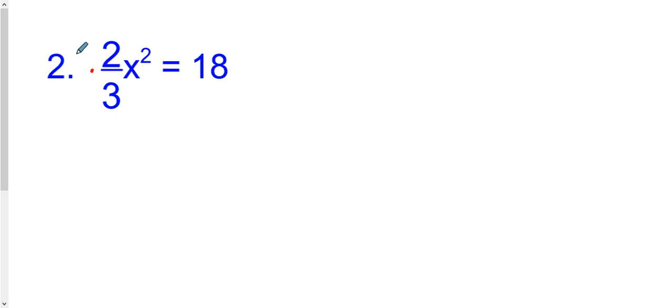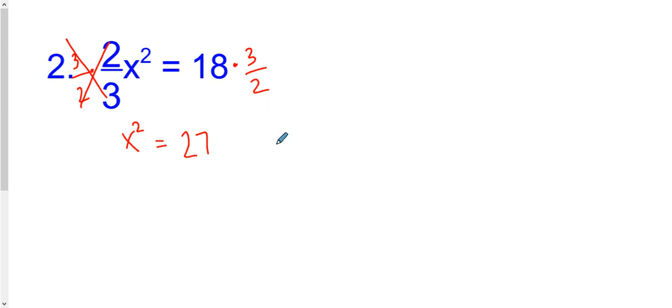So the reciprocal of 2/3 is 3 over 2, and I'm going to multiply by 3 over 2 on both sides. These are going to cancel each other out on this side, so I'm left with just x squared. And then 18 times 3 over 2, you could type in your calculator. You could do this in your head if you know how to do that. But 18 times 3 over 2 is 27.